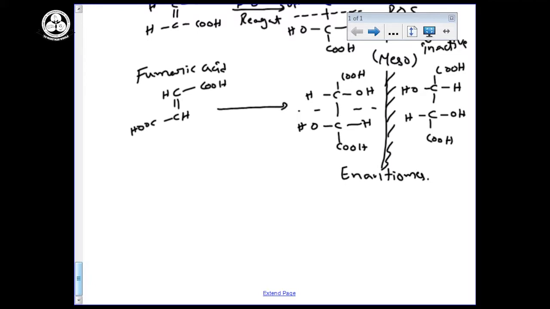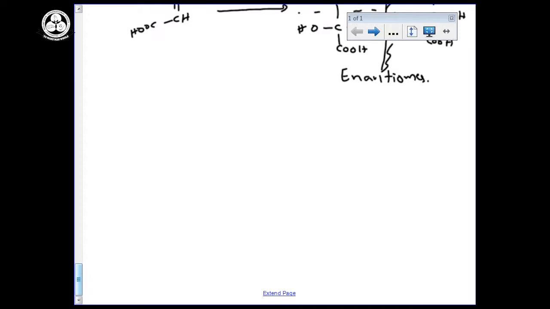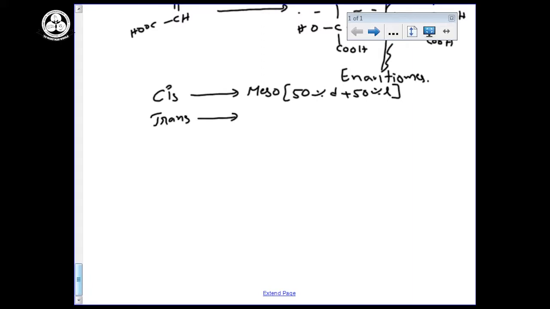So one common point we can write here: if you are taking the cis compound, then you can get the meso compound. Meso compound means 50% is the D form and 50% is the L form, that is meso compounds. And if you take the trans compound and do the Bayer's reagent, the diol OH will be attached in the opposite direction, trans form, then we can get the enantiomers.